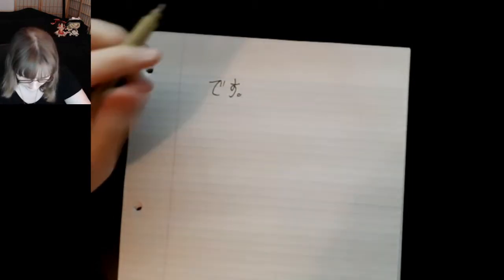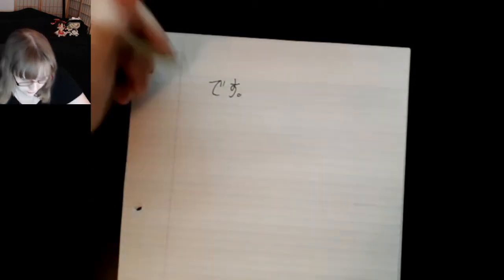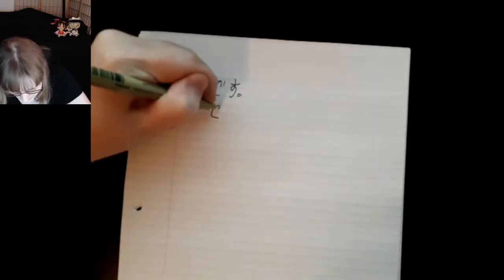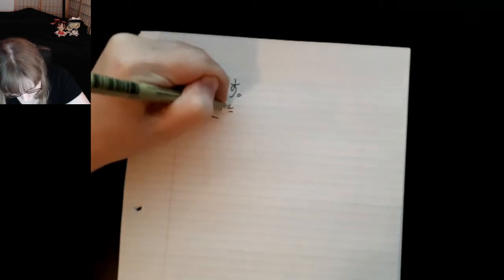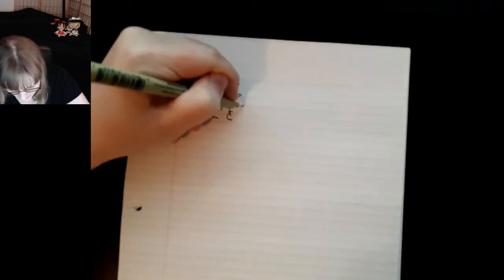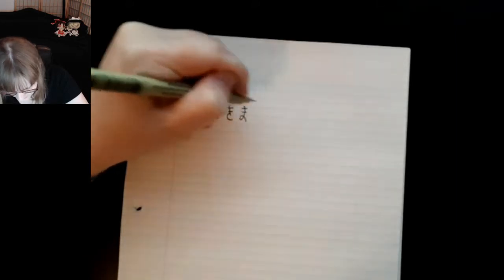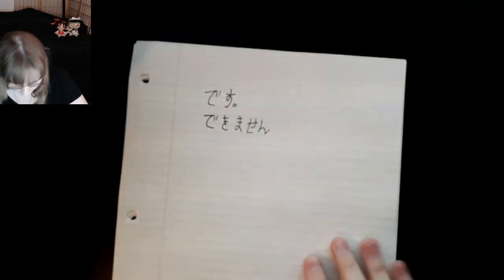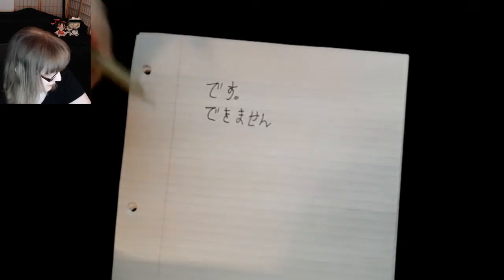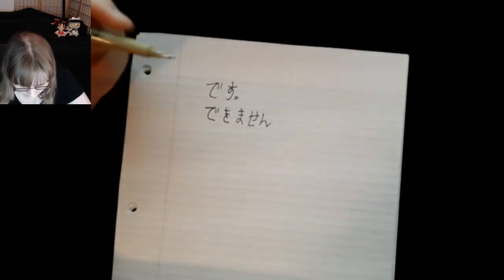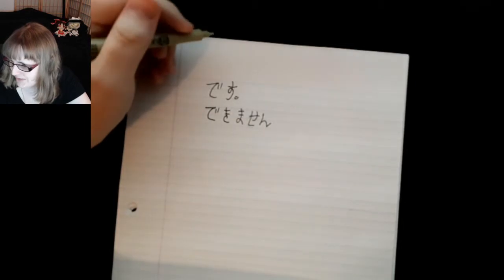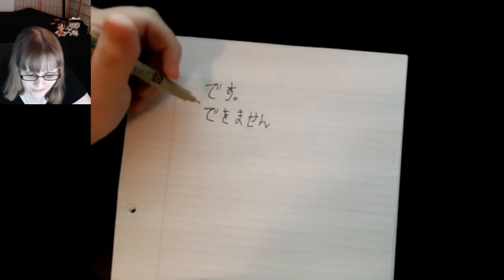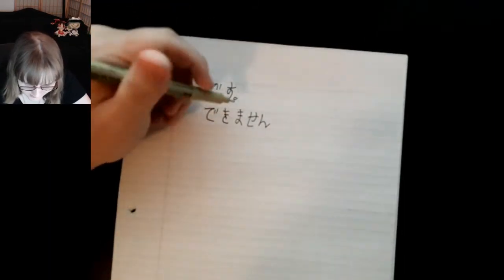More importantly, with desu we can modify this into many different things, like dekimasen, which is one of the special tenses that I was talking about earlier that I said I wasn't gonna get to, but I totally just got to it. I'm smart. Anyway, dekimasen is a way of saying I can't.